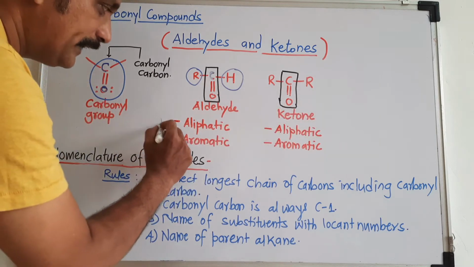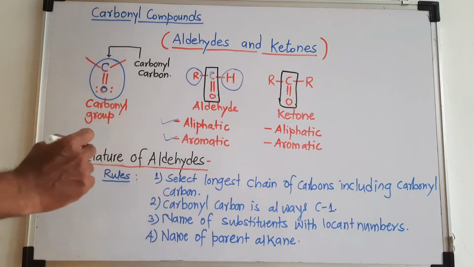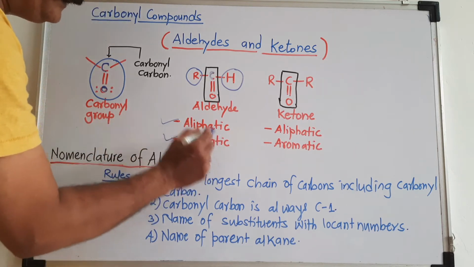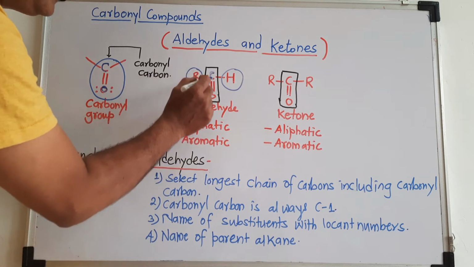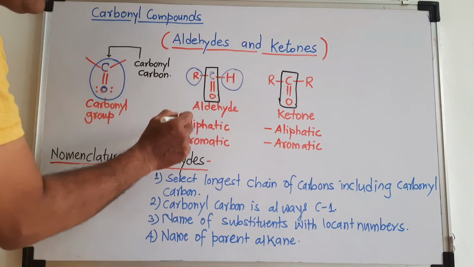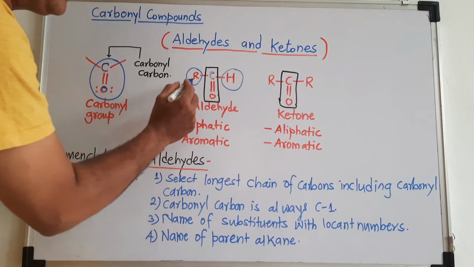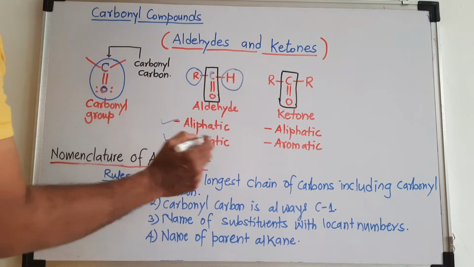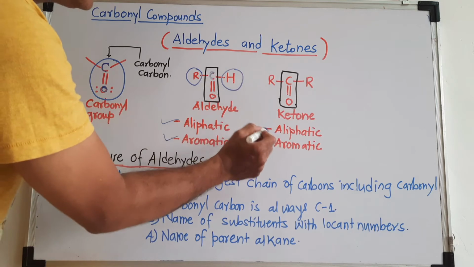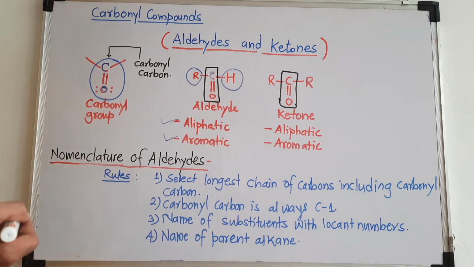Aldehydes may be aliphatic aldehydes or aromatic aldehydes, depending on whether an aromatic ring is attached to this carbonyl carbon or not. If an aromatic ring is not there, you can call it an aliphatic aldehyde. And if an aromatic ring is attached to the carbonyl carbon, then it becomes an aromatic aldehyde. Similarly, ketones are also aliphatic ketones and aromatic ketones, which we will discuss in more detail in the next videos.